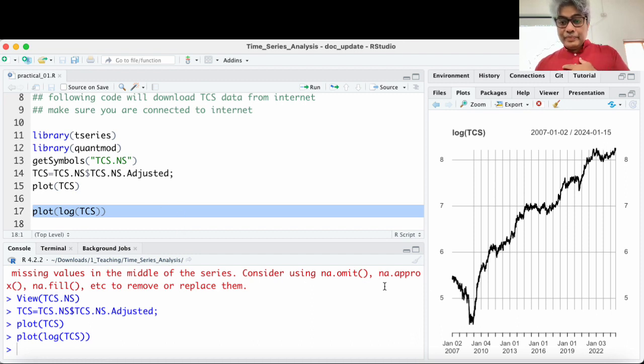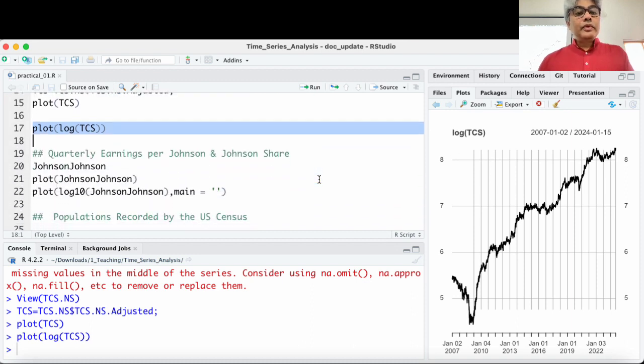As I see, obviously in 2008, when you had this huge Lehman Brothers crash, there was a huge crash in the stock price, and then it boomed back and grew at a steady state. Exponential compounding growth is being experienced in the TCS stock. Being a large company, it experienced that kind of effect.